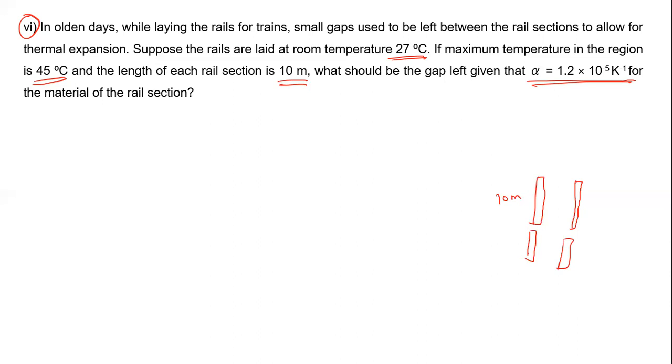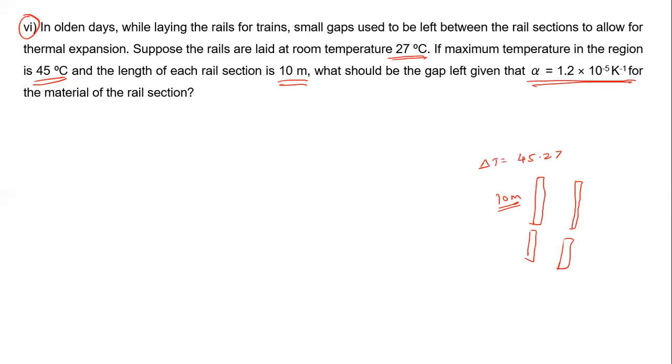Now alpha is given here. And how much does it expand if it is 10 meter and the temperature is 45 maximum and minimum 27, meaning 45 minus 27 is the rise in temperature here.